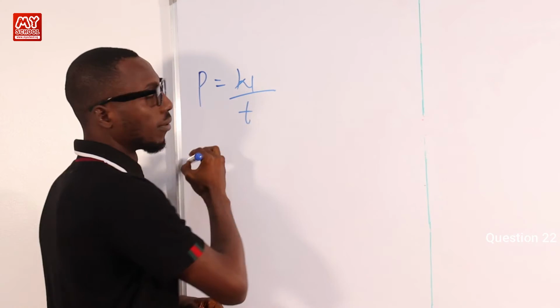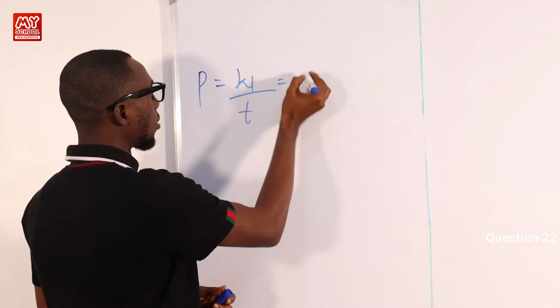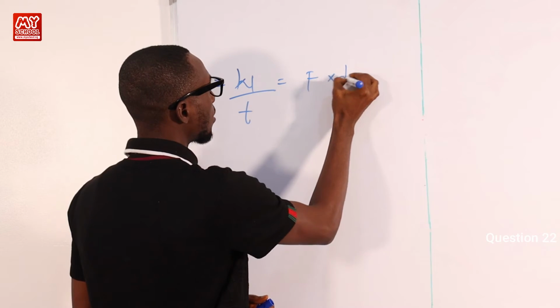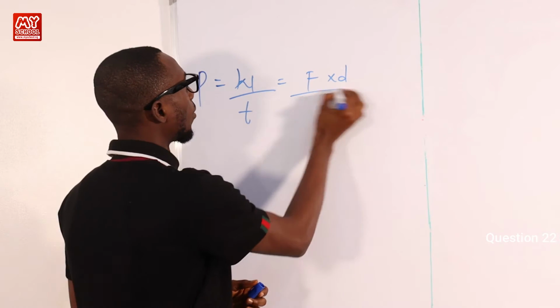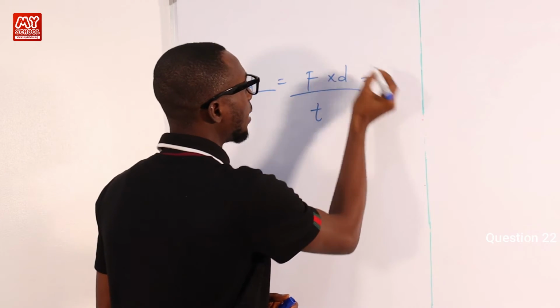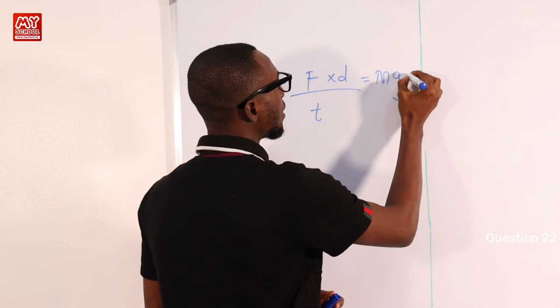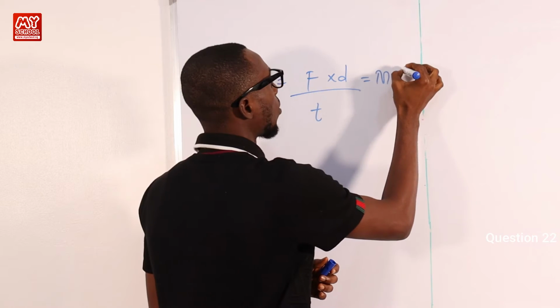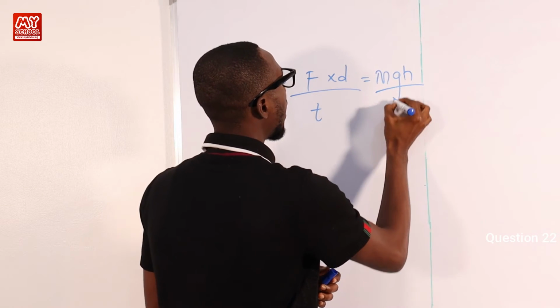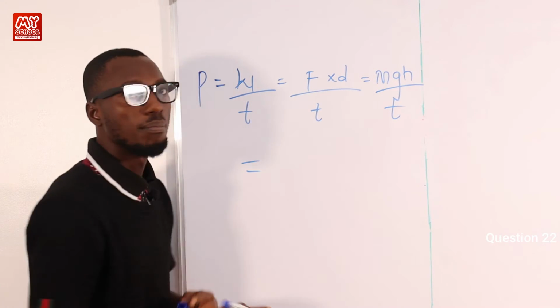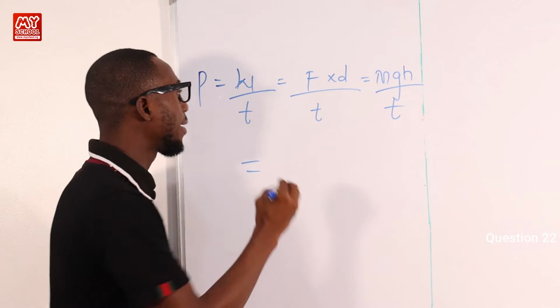So the formula for power equals work done over time taken, where work done is force times distance, over time taken, and force is mass times acceleration due to gravity times the distance, or the height in this context, over time. According to the question, the mass is 50 kg.